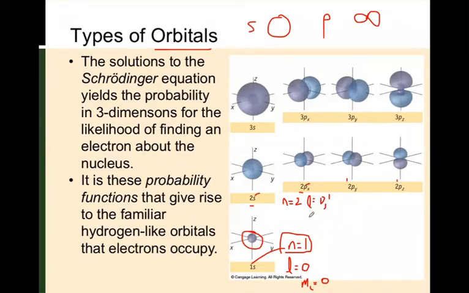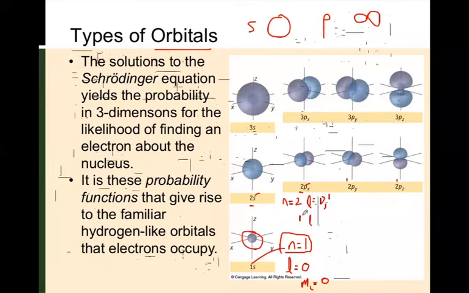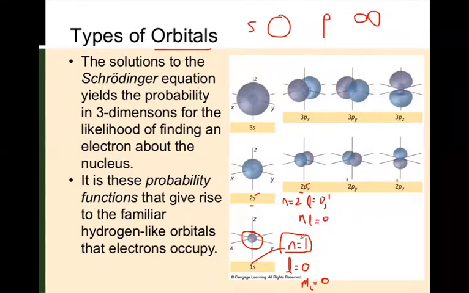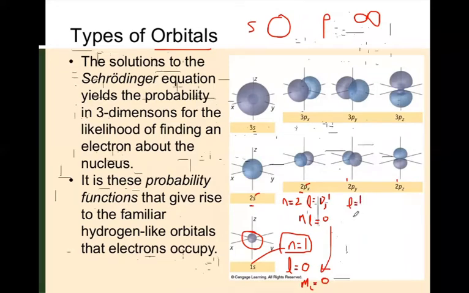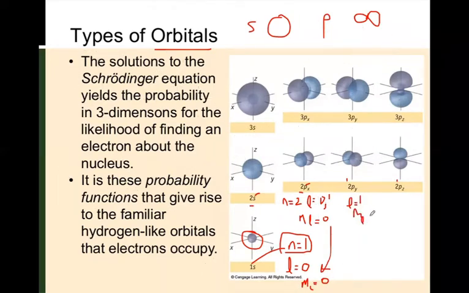Then, if L is equal to 0, ml for L is equal to 0 is going to be equal to 0 again. So we only have one s-type orbital. That's the same as here. But then if L is equal to 1, ml can now be equal to minus L to plus L, going through 0. So that means we could have minus 1, 0, and plus 1.